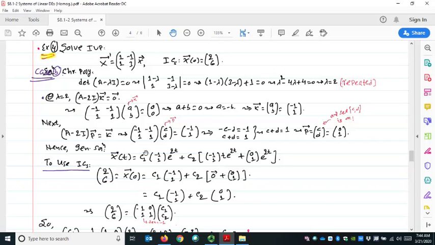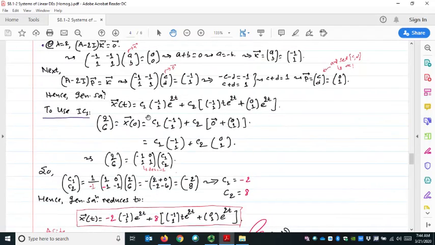So let's find the values of c1 and c2 using the initial condition when t is 0, x(0) is 2 6. So x(0) equals c1 times the negative 1 1 matrix, put t equals 0, e to the 0 is 1, plus c2, when t is 0 this term is 0, so just the 0 vector, plus 0 1, e to the 0 is again 1.